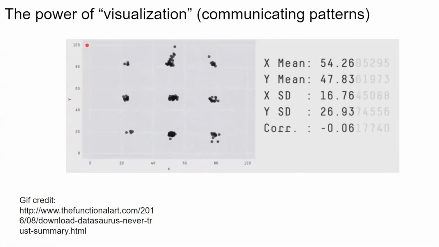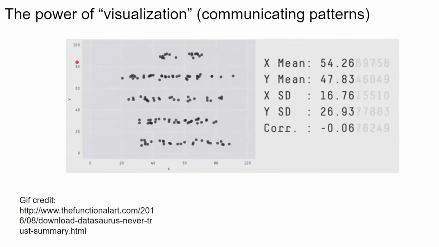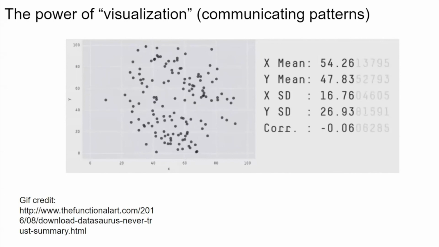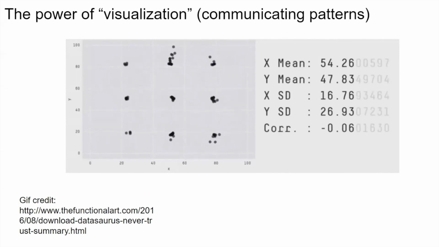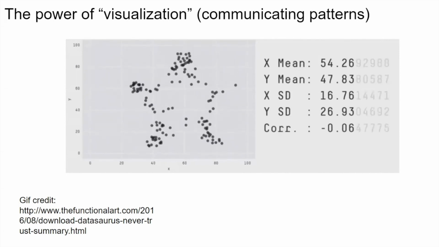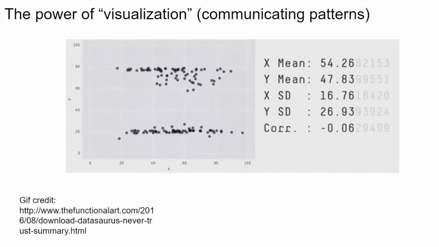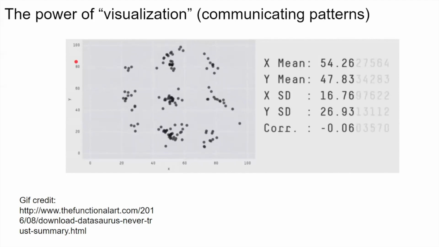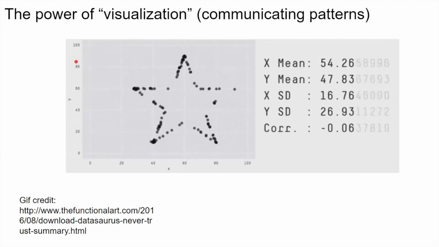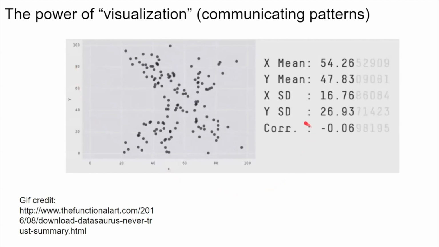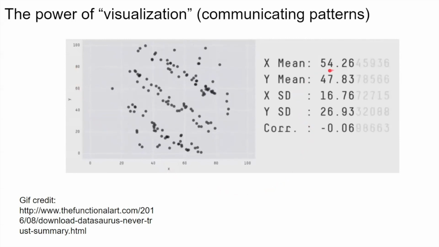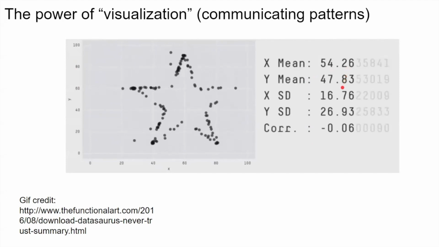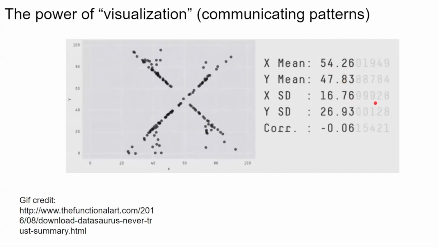And the point of this animated slide that's on the screen currently is that you could have a group of data points, and if you average the mean on the x-axis or the mean on the y-axis, their standard deviation, their correlation, you could have different data sets which have exactly the same numbers. In this one, the mean is 0.5426, right? So to a decent amount of precision, they have the same. And then if you go out to the thousandth or the millionth or whatever, they change the number slightly.